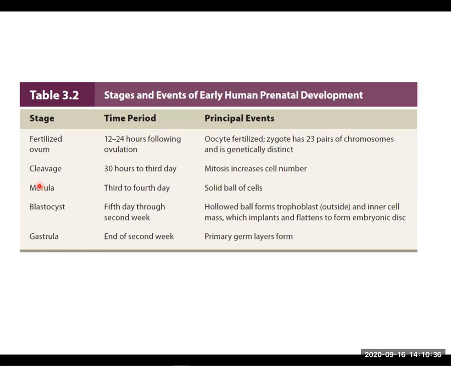During this time, the morula's total volume is not changed, so it's a solid ball of cells. This solid ball is formed by the zona pellucida, and the zona pellucida breaking apart. Now this group of cells can expand, forming this blastocyst.